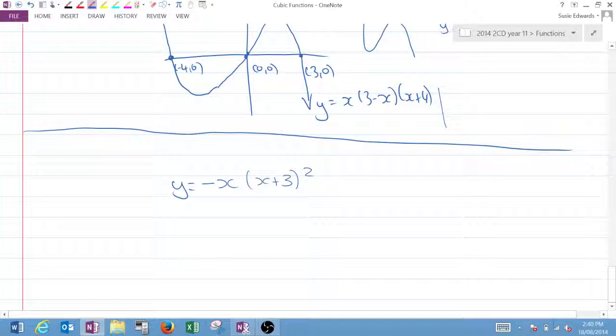It's a turning point. It touches that point, so it's still a root. It touches that point, but doesn't go through it. It touches it, and then it becomes a turning point. So, what's this one for the root there? 0. What about this one? -3, but it just touches that point.